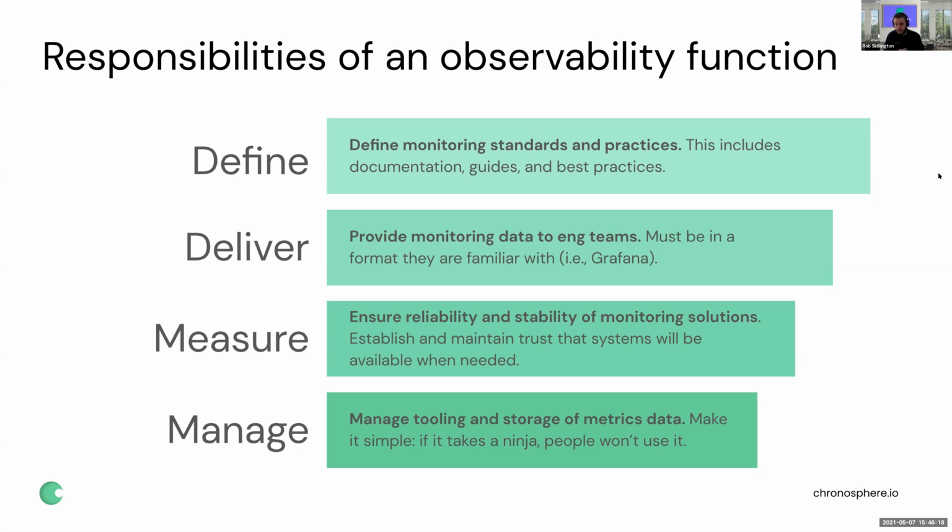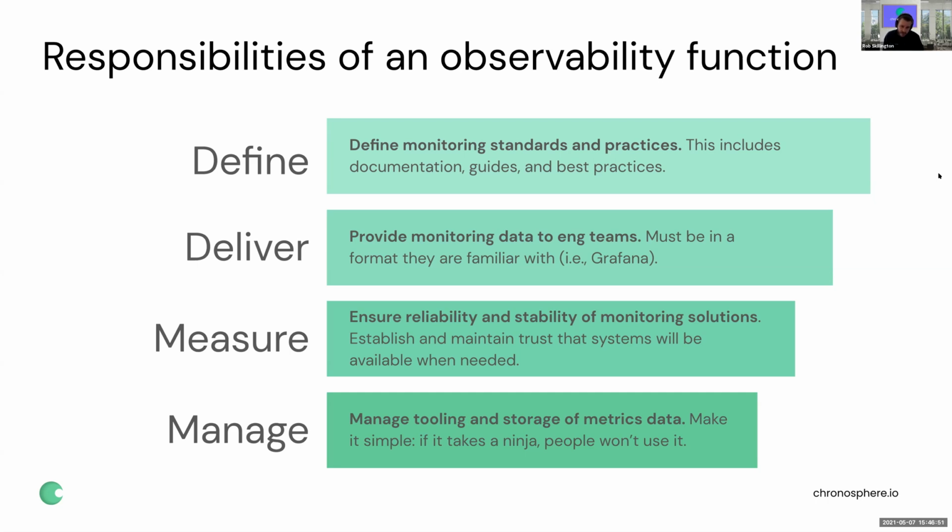This is really providing guides for developers and engineers at your organization on how to monitor their systems. So documentation, guides, and best practices. Really that educational aspect, and defining the nuts and bolts of how monitoring happens at your organization.